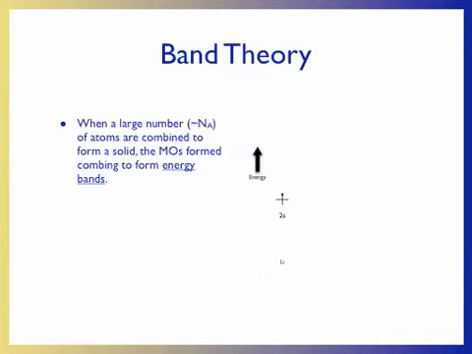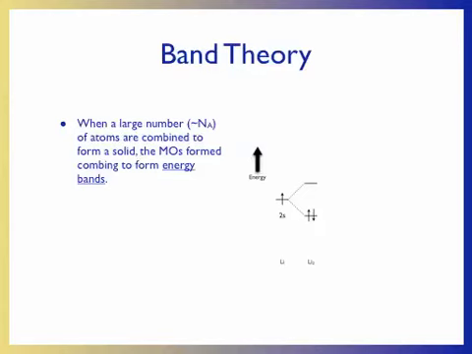Lithium has a single valence electron in its 2s orbital. If we take two lithium atoms and combine them, we get two molecular orbitals, one bonding and one antibonding. The two valence electrons, each coming from one lithium atom, will occupy the lowest bonding molecular orbital.